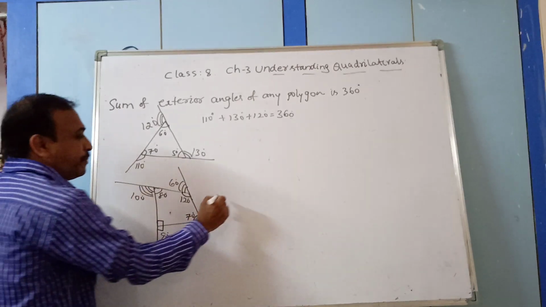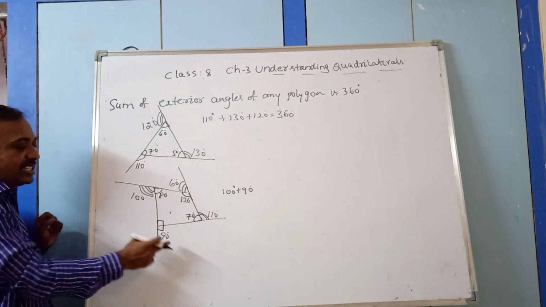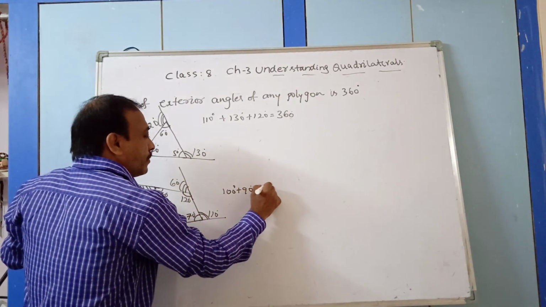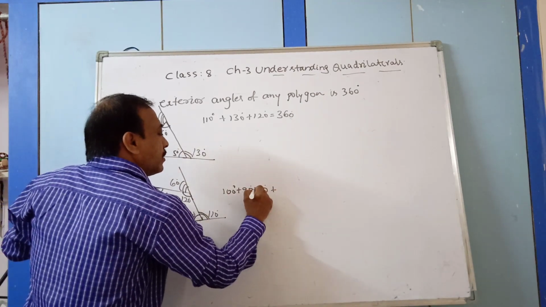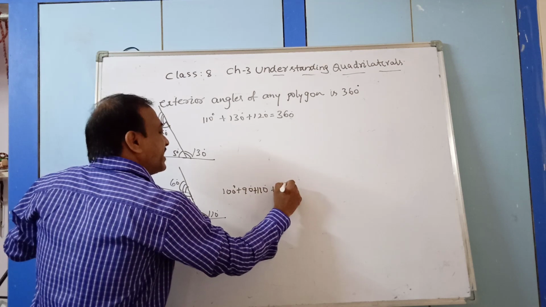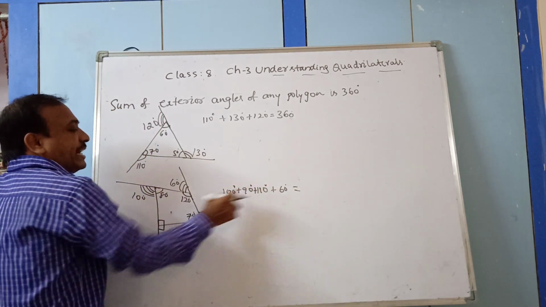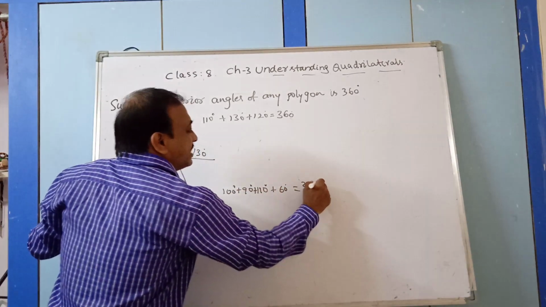Add these exterior angles: 100 degrees plus 90 plus 110 plus 60. 90 plus 110 is 200, 200 plus 100 is 300, plus 60 is 360.